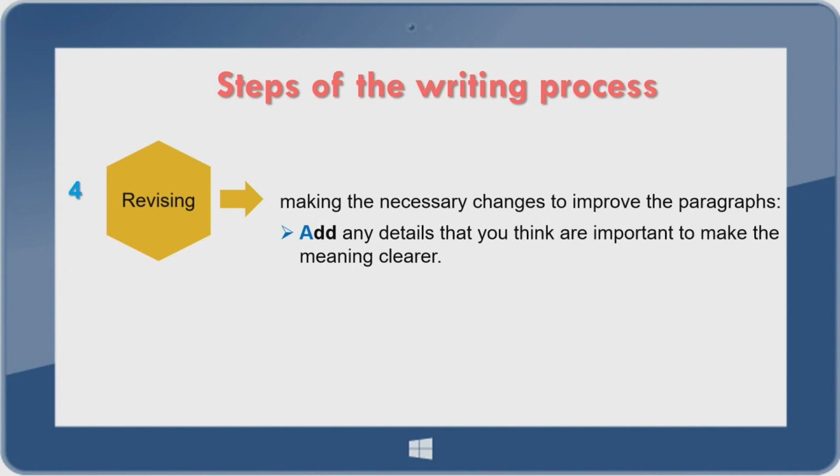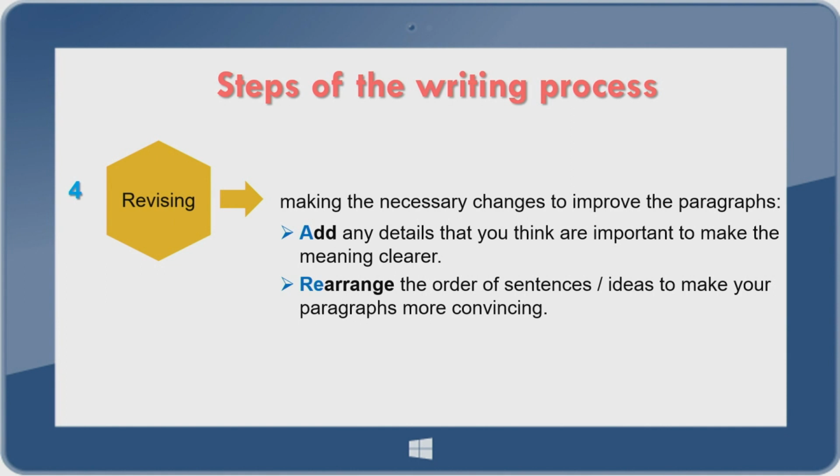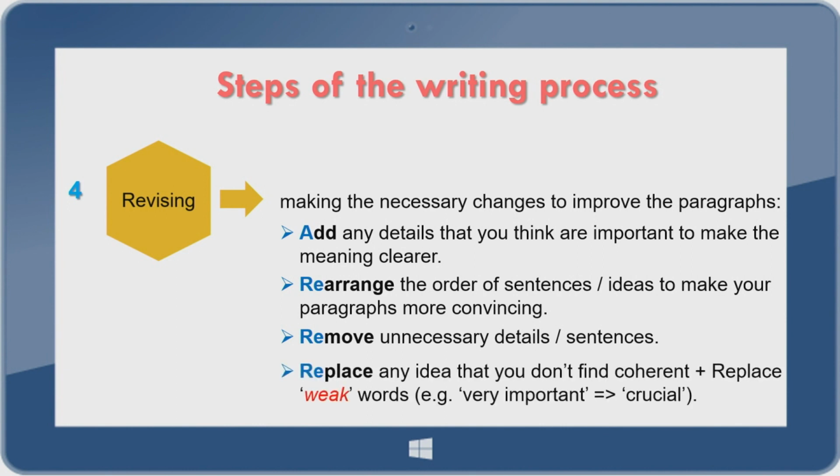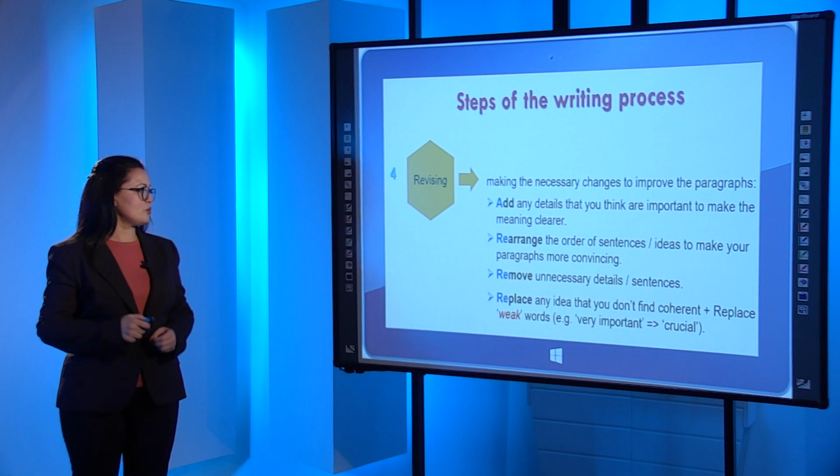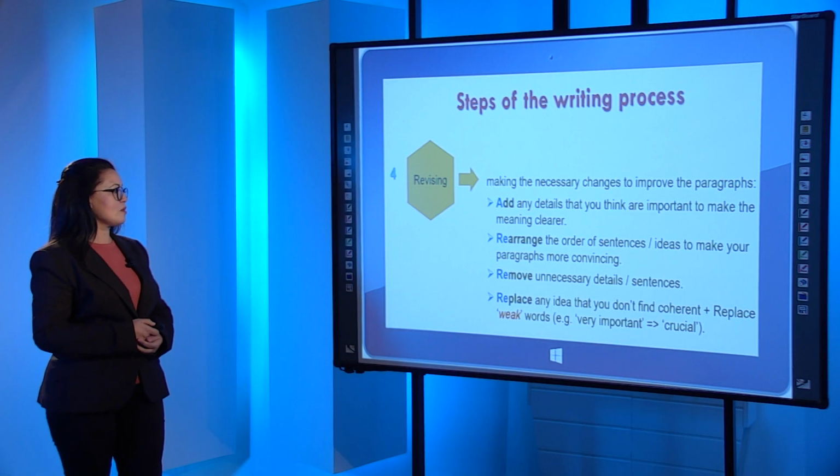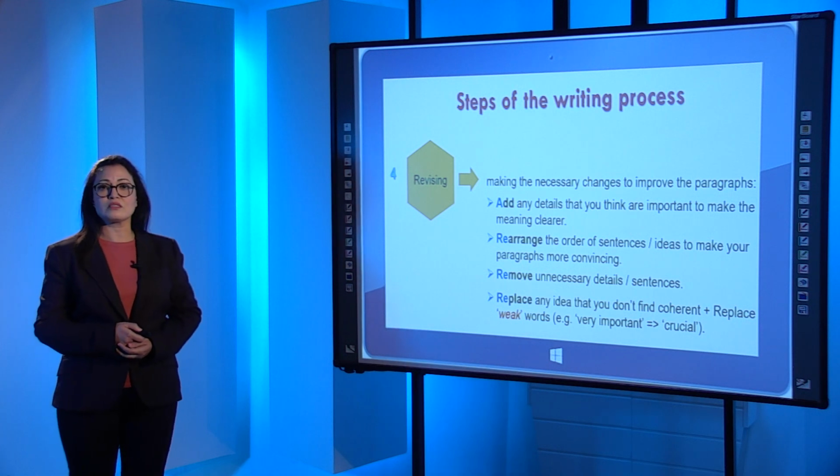You can add any details that you think are important, or rearrange the order of sentences, ideas, and so on. Remove unnecessary details or sentences. Replace any ideas that you don't find coherent, and replace the weak words with better ones. For example, instead of saying very important, you can say crucial.